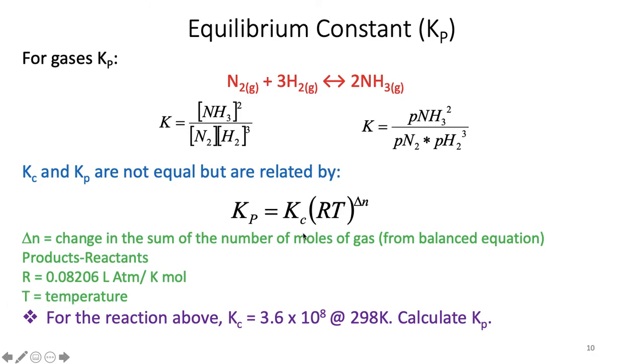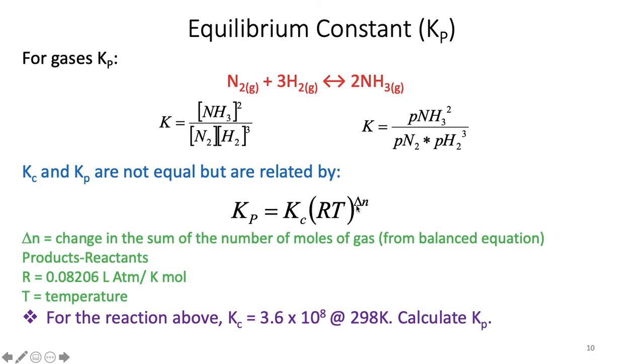And the T is the temperature, in Kelvin. Delta N is the change in number of moles.